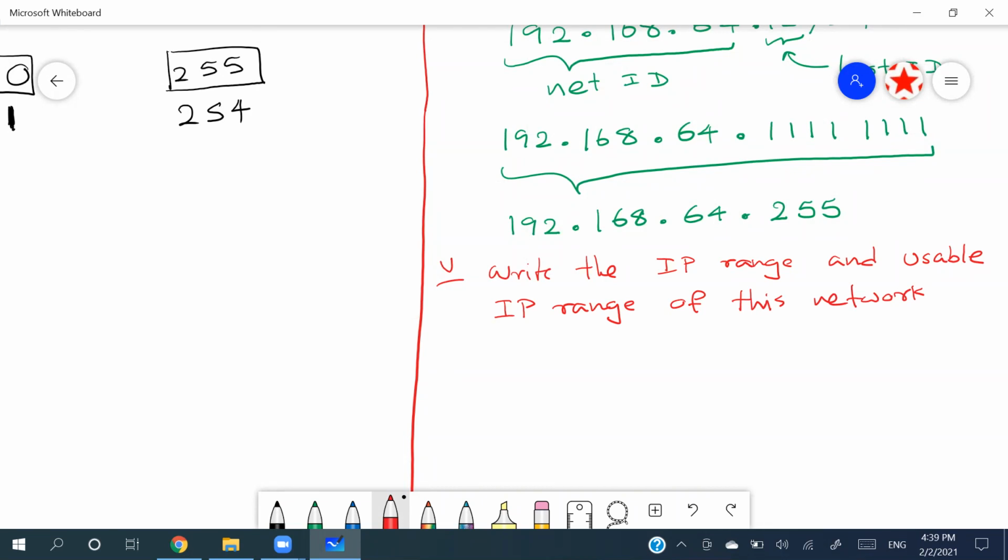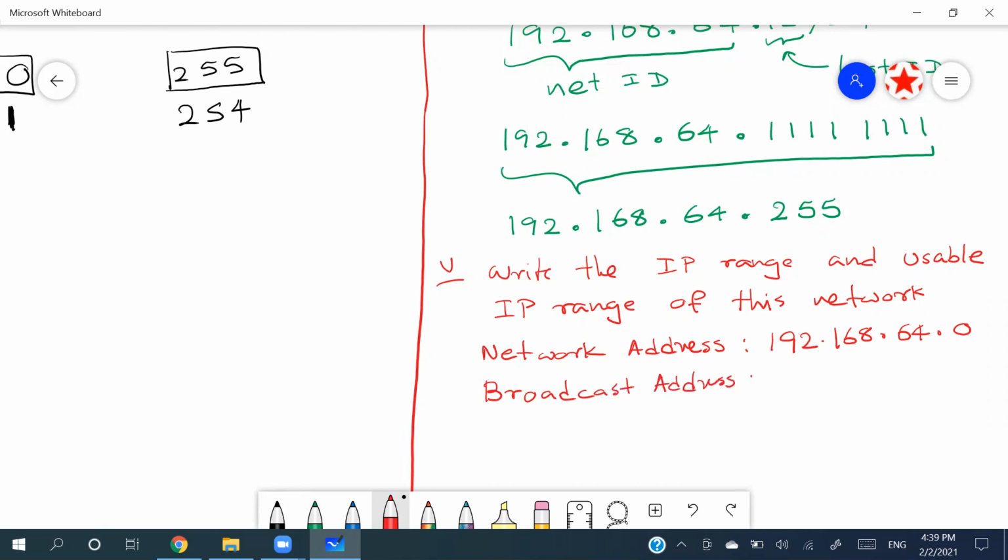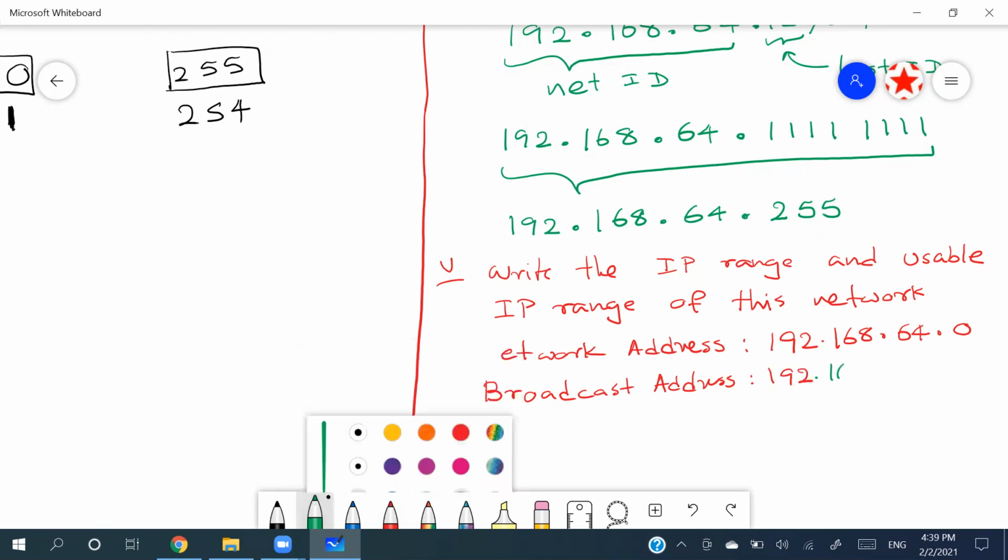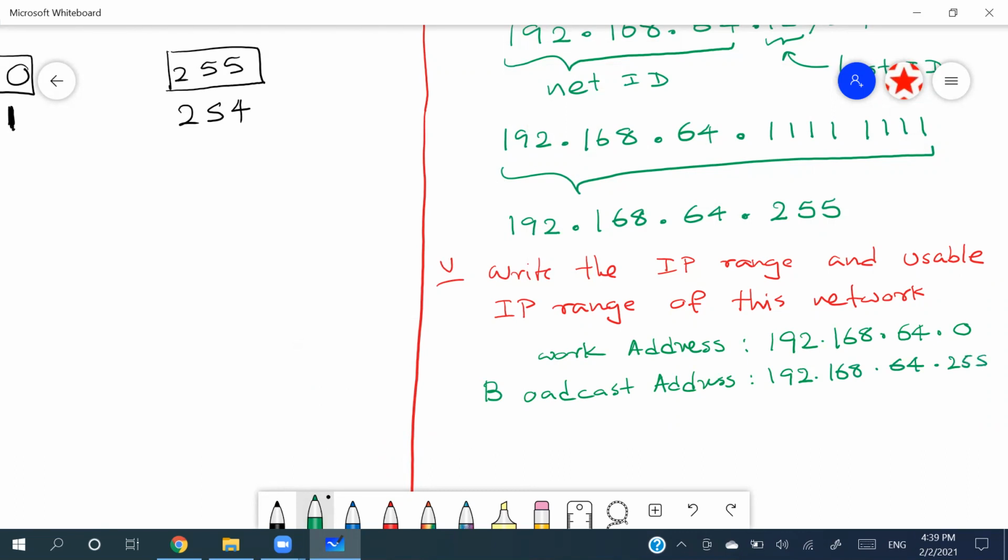For your information, I'm writing the network address, which we have found already, 192.168.64.0. Broadcast address 192.168.64.255.